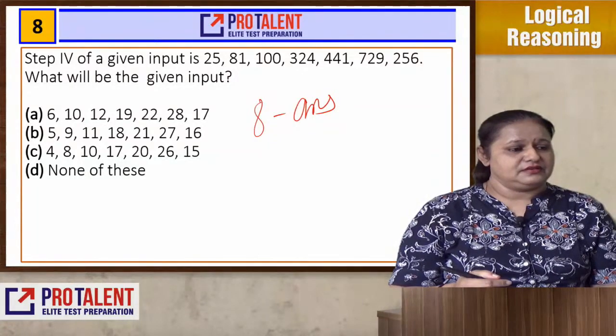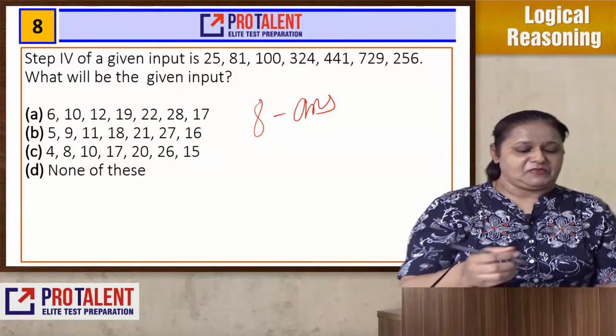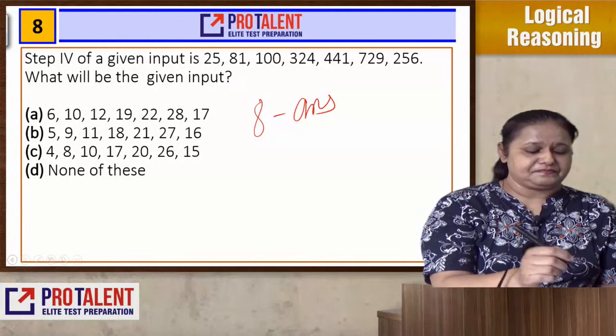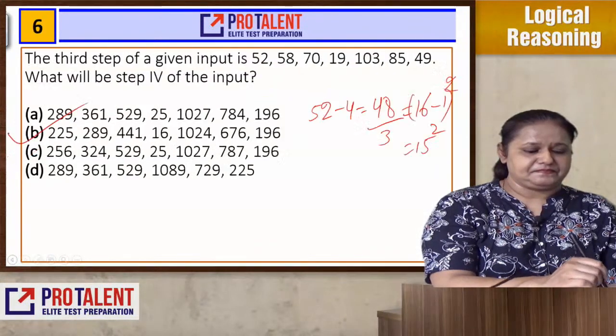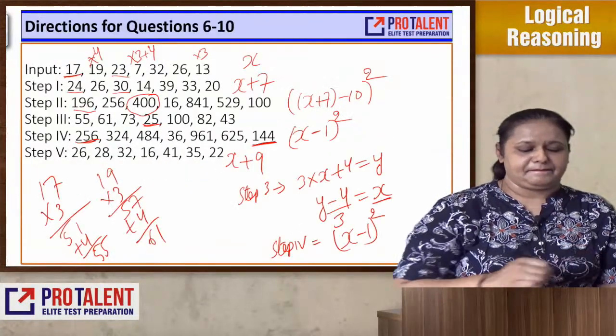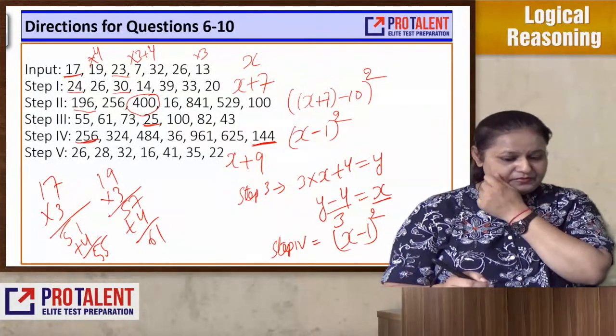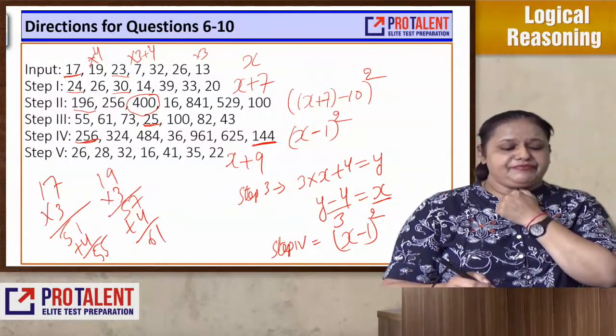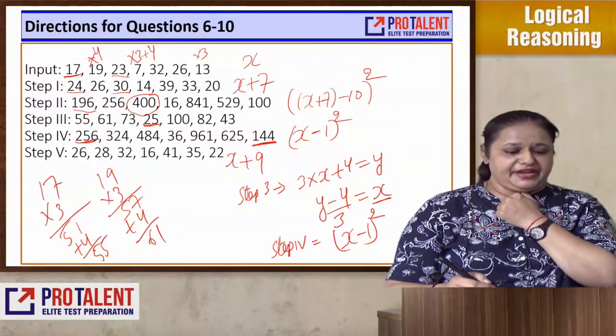Let me see. Okay. So step 4 is given as 25. So the number was 5.